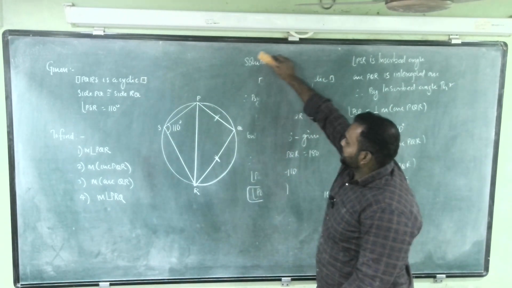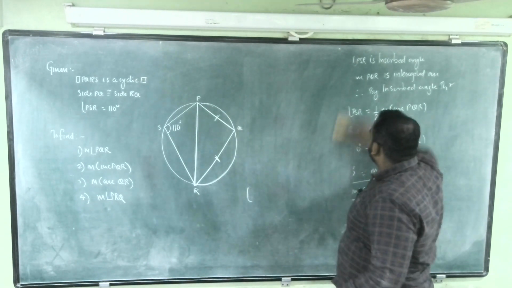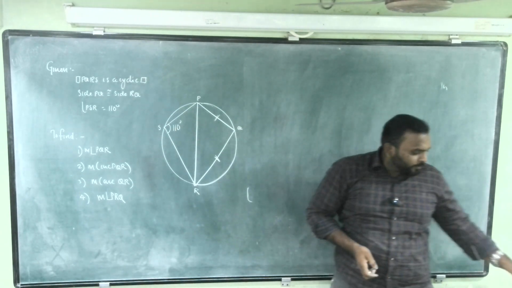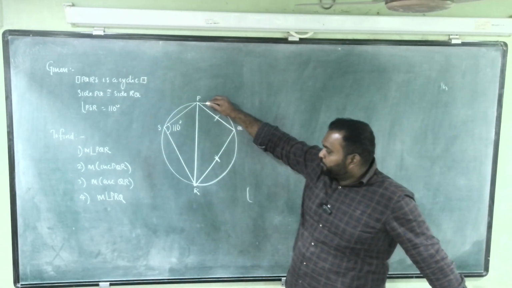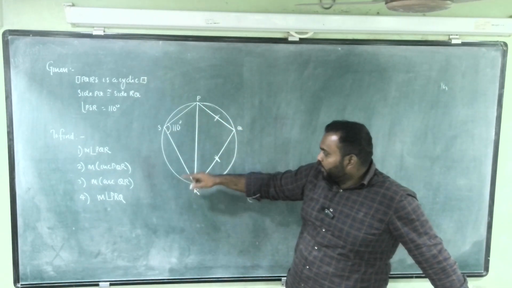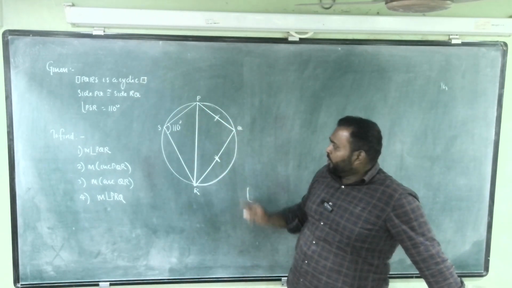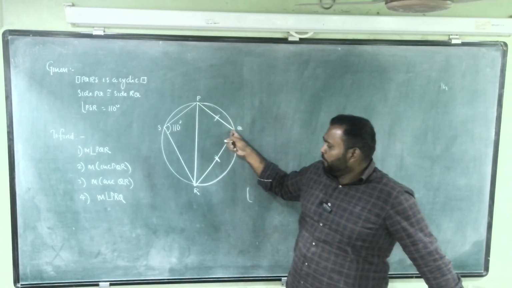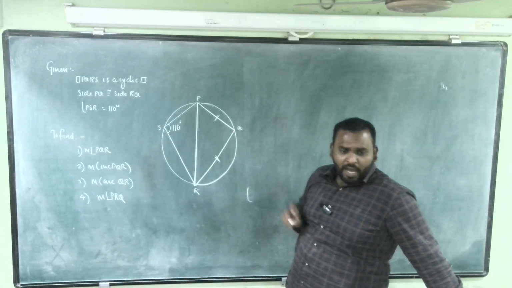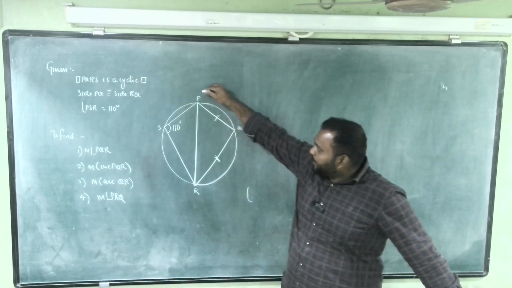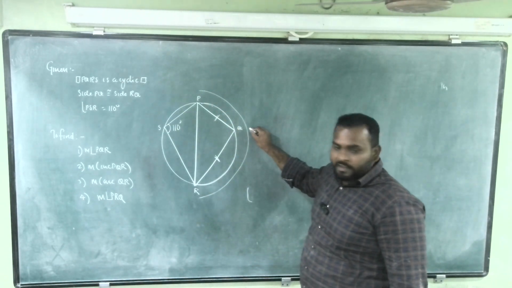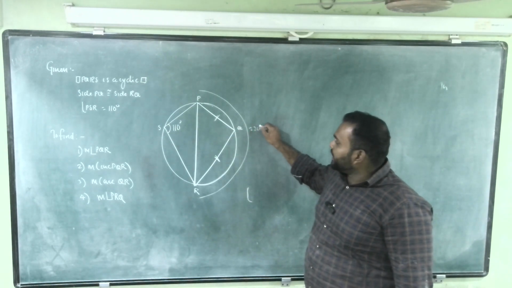Now next, what you need to find? You need to find the measure of arc QR. Now, if you look at the figure properly, you know that PQ is equal to QR. अब अपने पास ये आर्क का मेजर है, ये PQR आर्क का मेजर है, कितना है? 220 डिग्रीज.